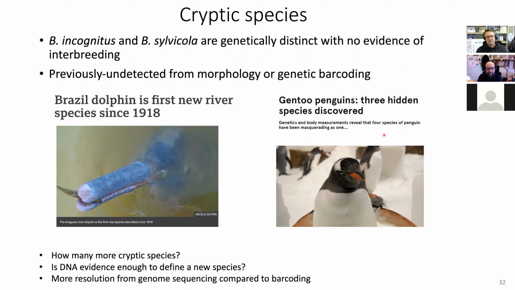And another thing I would like to note from this is that these species are pretty well separated. We estimate it's up to 400,000 years ago, but they weren't detectable from barcoding.